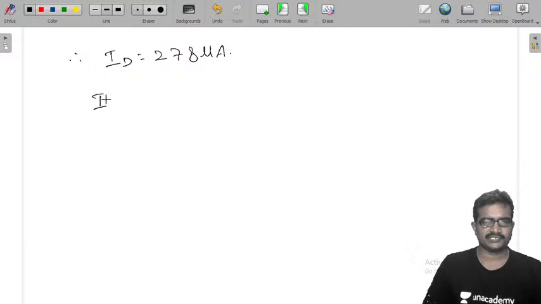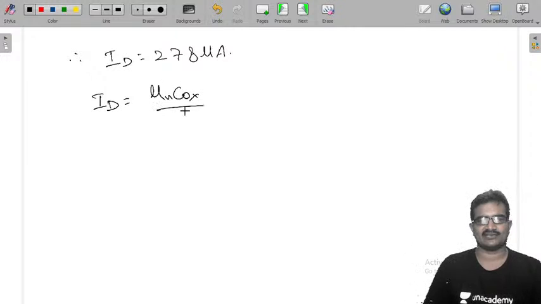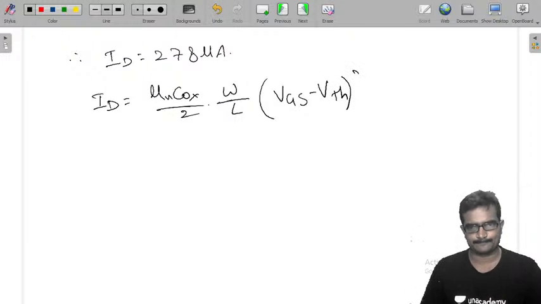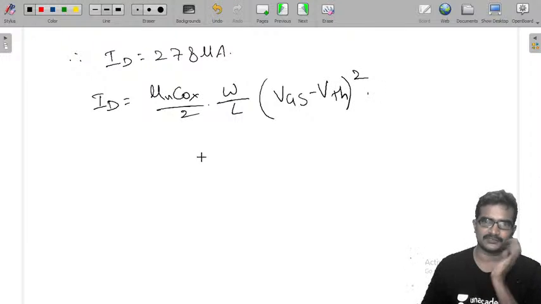So in saturation we know the ID value: mu n COX by 2 into W by L into VGS minus VTH whole square. Just substitute the values.